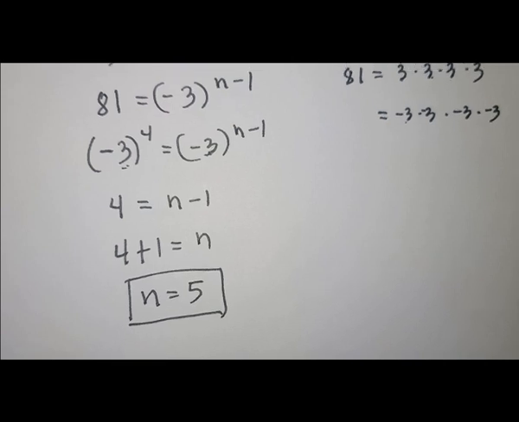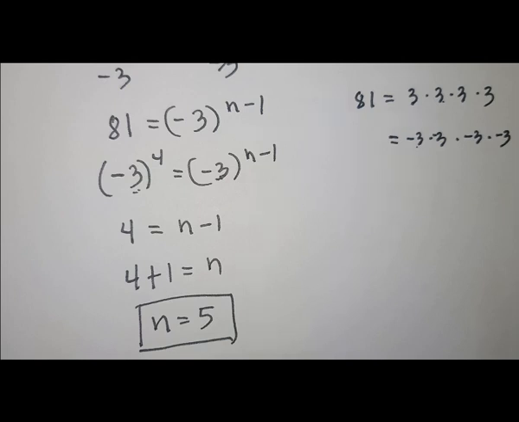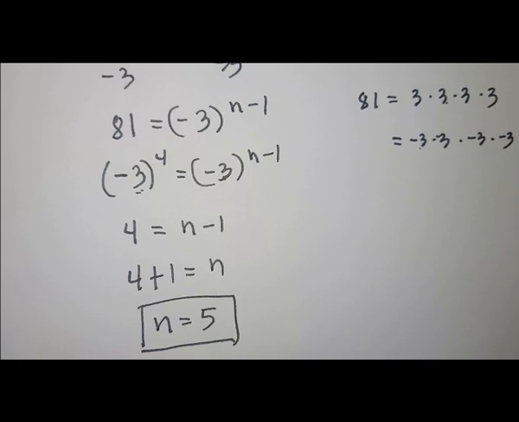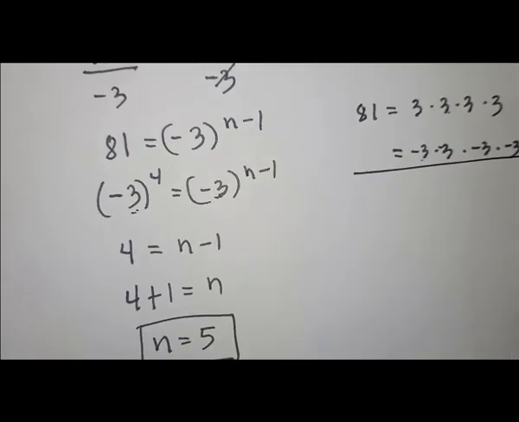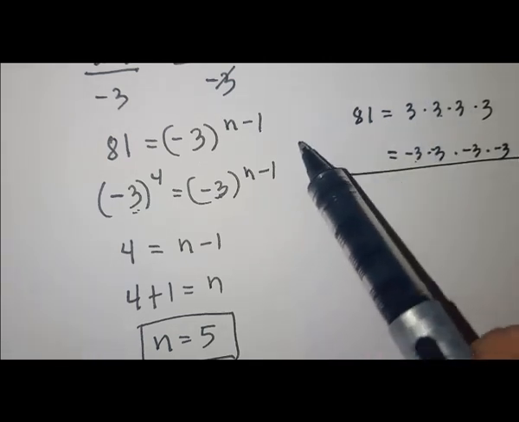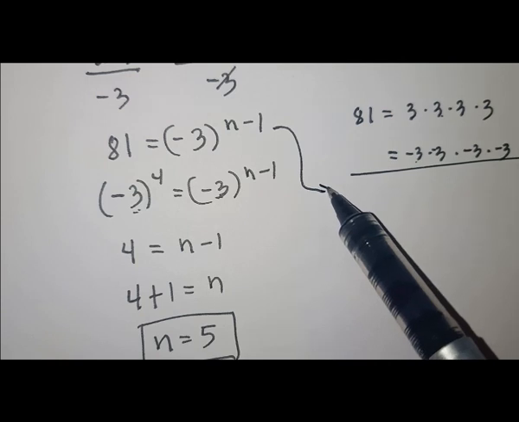Okay? So, pwede ka rin gamitin yung isang method na tinuro ko sa inyo kanina kung gugustuhin nyo. Okay? So, try natin ulit yung isang method na tinuro ko. So, balik tayo rito sa part na to. Okay?